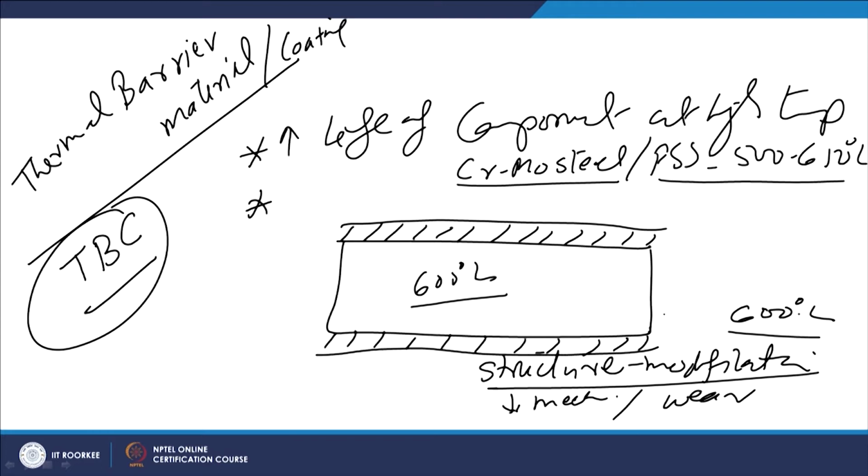This reduction in temperature may be to the extent of 100 to 150 degrees centigrade. So the same component exposed at 600 degrees centigrade, when coated with the thermal barrier coating material, has its effective temperature reduced by 100 to 150 degree centigrade, to say 450 to 500 degrees centigrade.